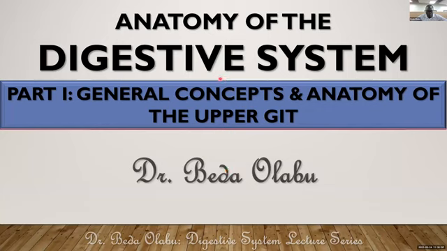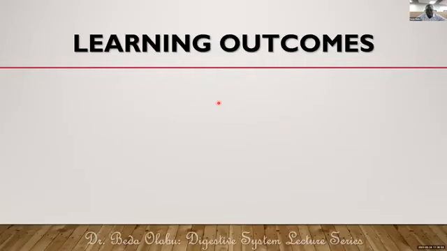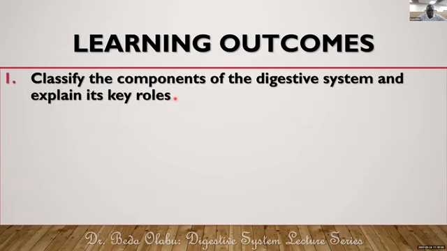Today, in this particular class, we are going to look at the first one, focusing on the general concepts as well as anatomy of the upper GIT. So this is what we expect to learn from this particular session. We are going to classify the components of the digestive system, and we'll also explain the key roles of the digestive system.